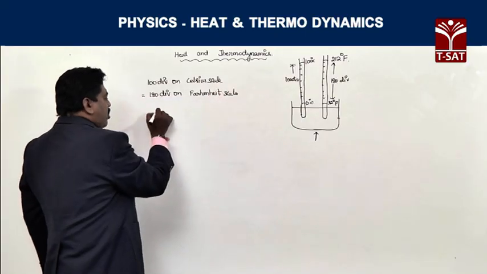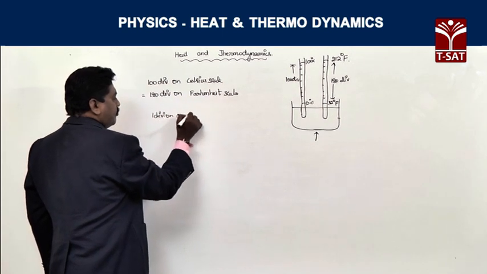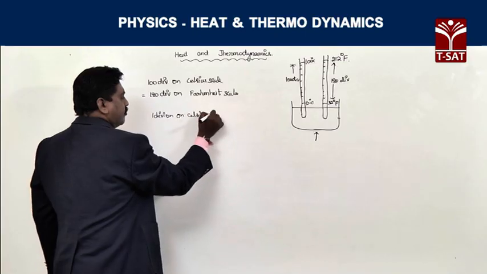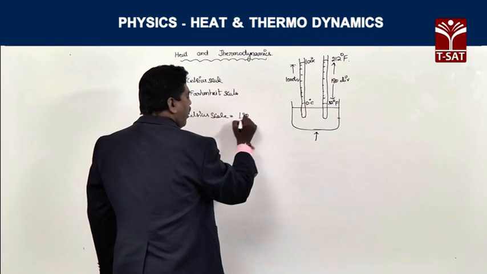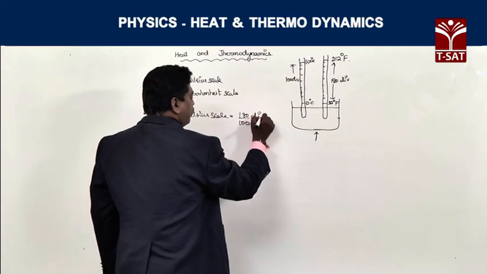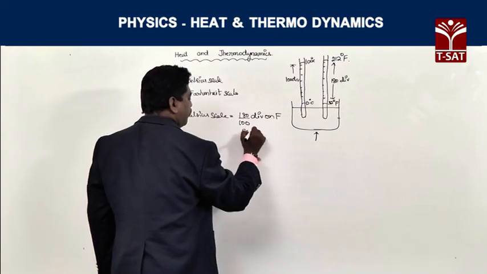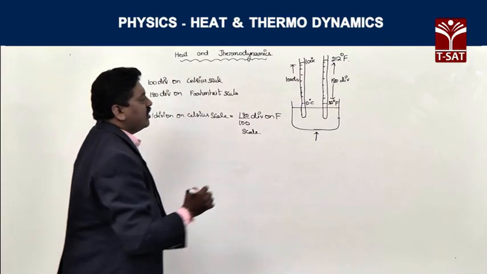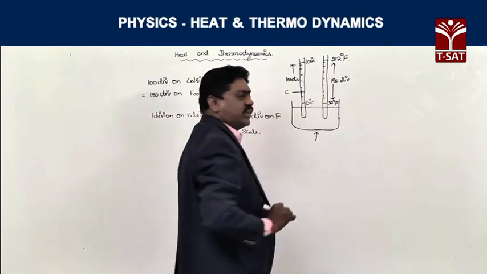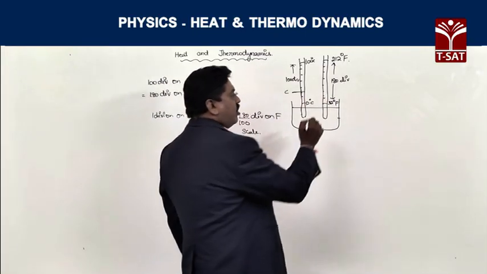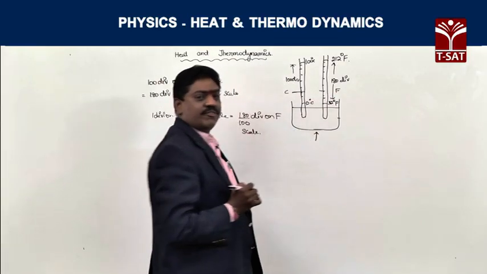So, 1 division on the Celsius scale becomes 180 by 100 divisions on the F scale. Now, let us consider C divisions on the Celsius scale, which is F minus 32 divisions on the Fahrenheit scale.